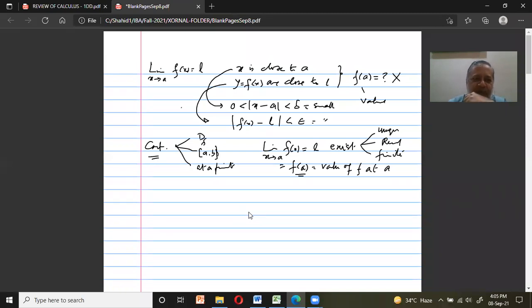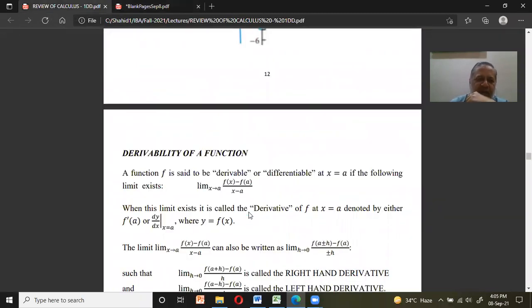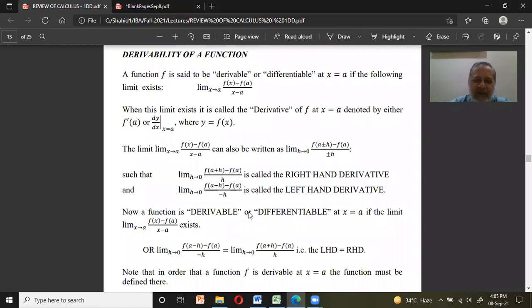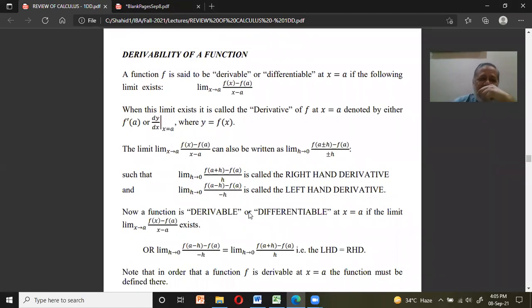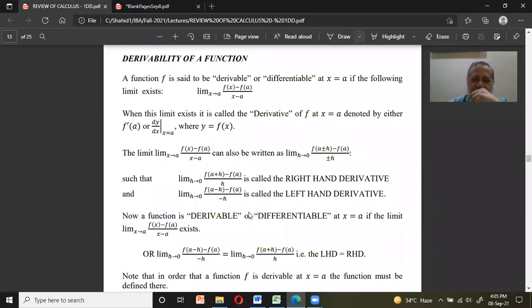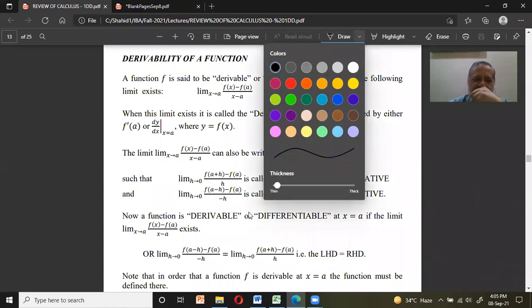If the function is continuous, then we talk about the derivatives of the function. The heading is derivability of a function, and whether the function can be differentiated or not, can we obtain the derivative of the function or not? That is the basic question addressed in this definition.